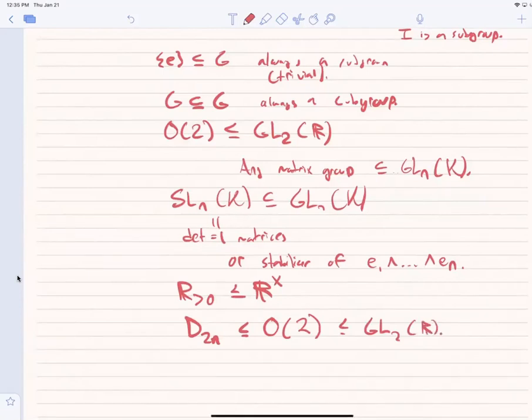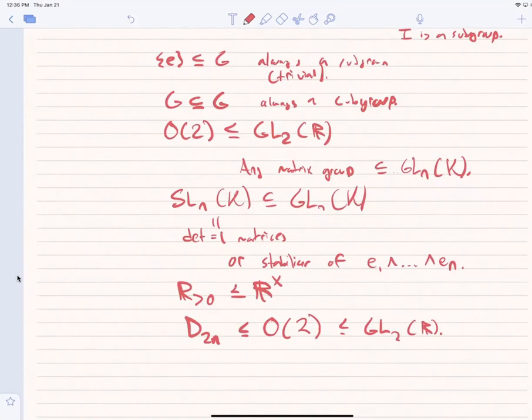The dihedral group D_2n is the rigid transformations of the plane that preserve the regular n-gon centered at the origin. The first part of that sentence was saying it's a subgroup of O_2. When you say these are the rigid transformations of the plane that preserve the origin, that is the group O_2, the orthogonal group.